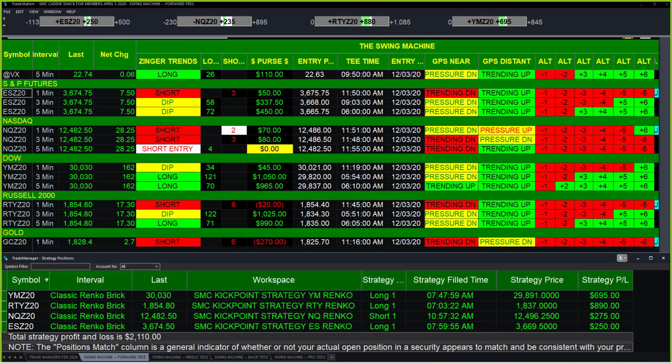Now sometimes we might get a slippage of a tick or two, and it can be either way. So if you're seeing, how come the RTY in the strategy is showing $900 and Don's only got $890 up there? So I had a $10 slippage to the downside. The slippage for us pretty much works out. Sometimes we get a better fill than what the strategy thinks.